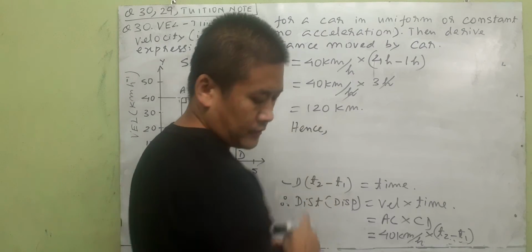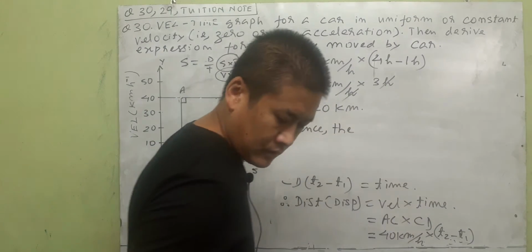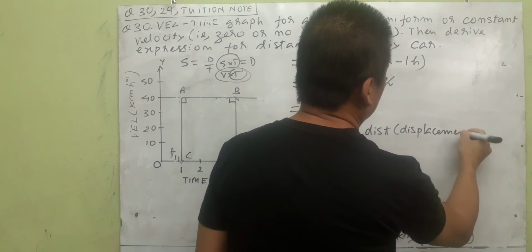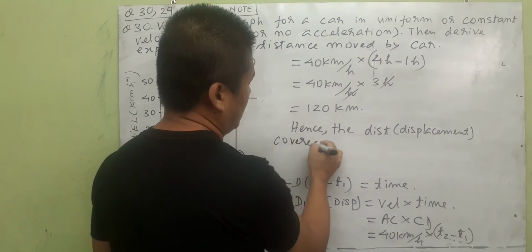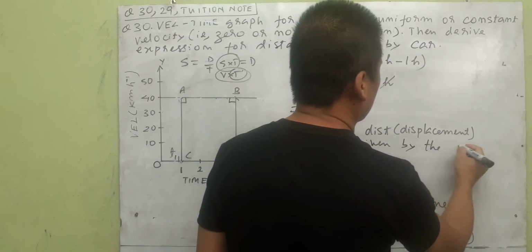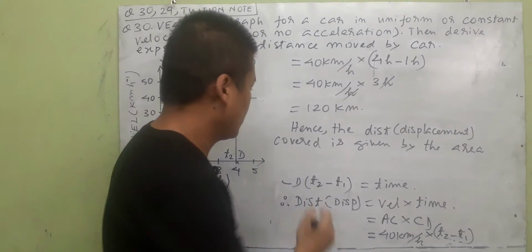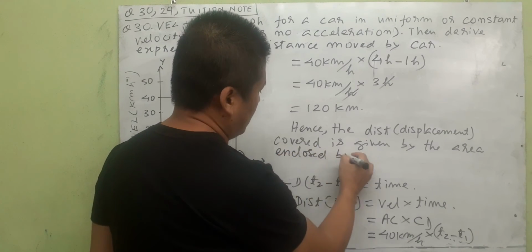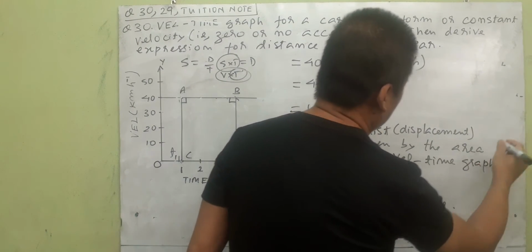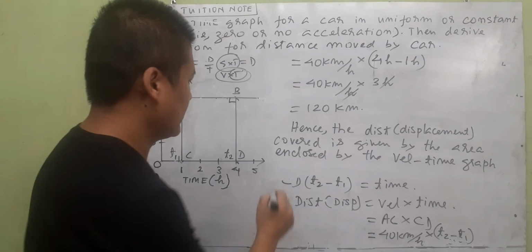Hence, the distance or displacement covered by this car or moving object is always given by the area enclosed by the velocity time graph and the time axis.